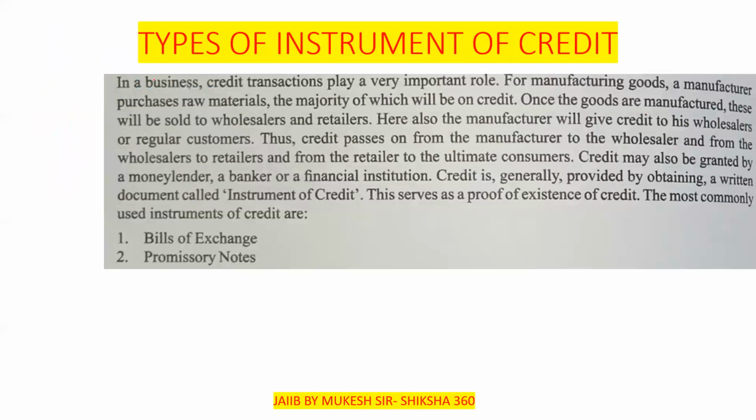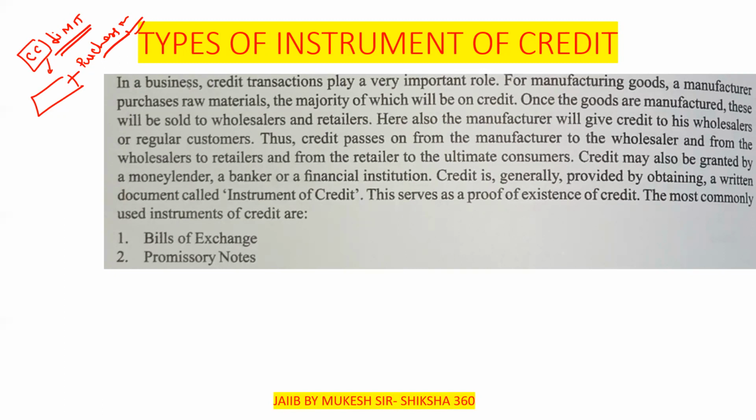Types of instruments of credit. First of all, we have to discuss the types of instruments of credit. Like you can see that there is a CC limit going on in your branches. What is the meaning of that? If any manufacturer purchases raw material from a third person, they will not make the payment at the start.